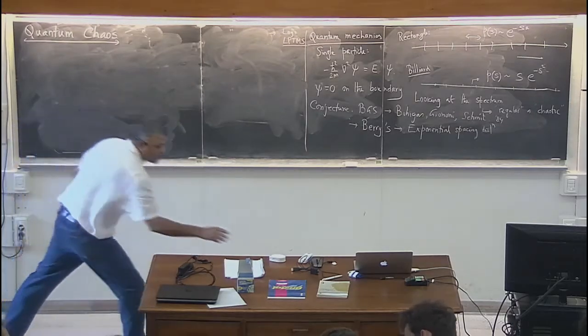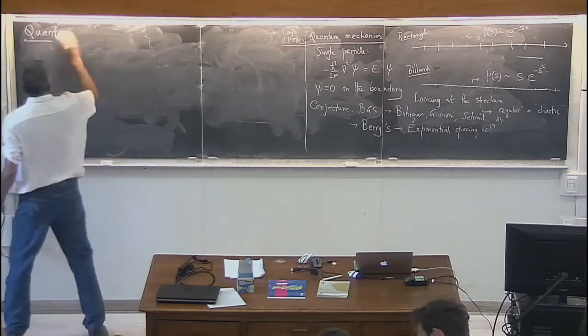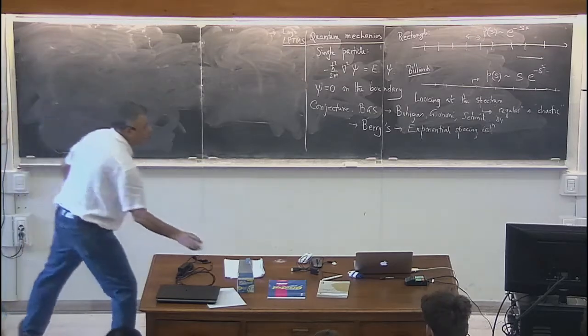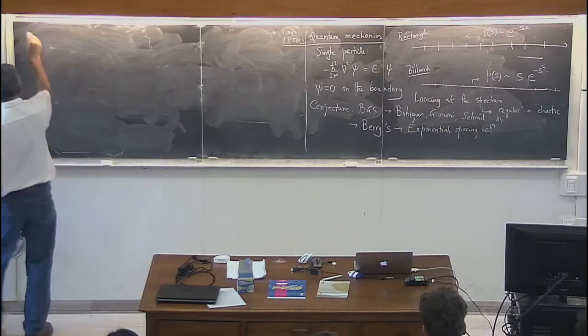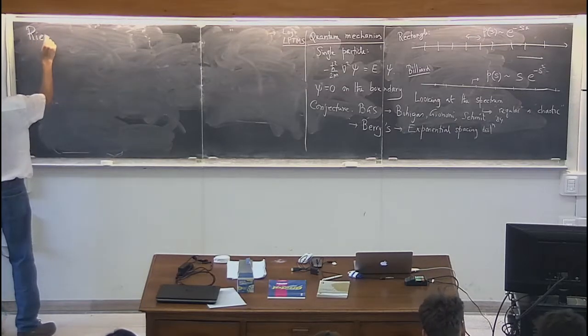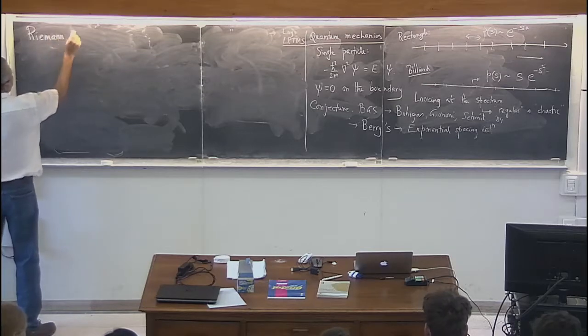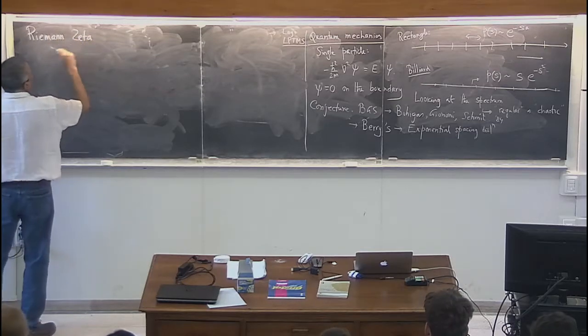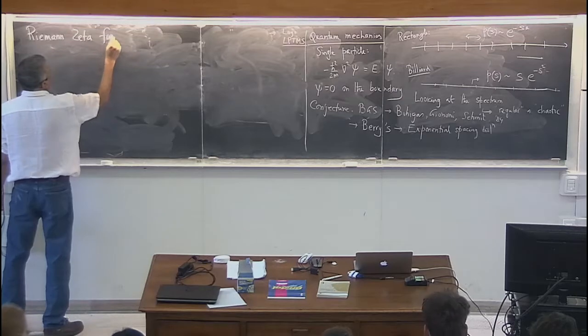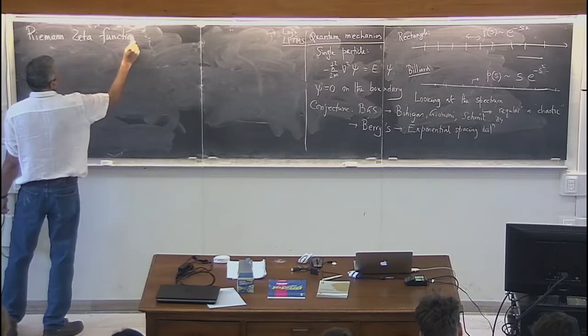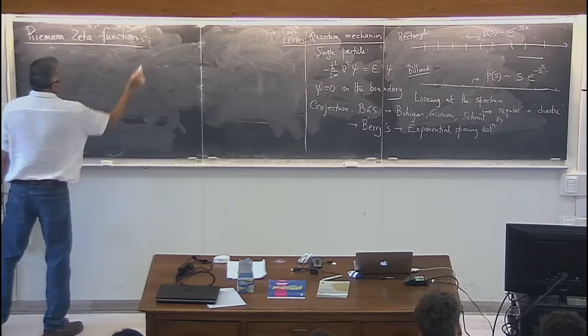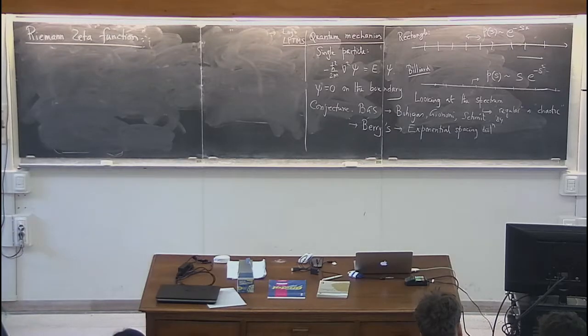Here I'll just mention briefly the Riemann zeta function. Again, without going into details, Giuseppe is going to give a talk on the Riemann hypothesis, so you will hear all about it.